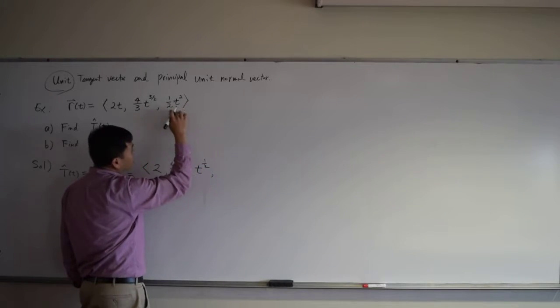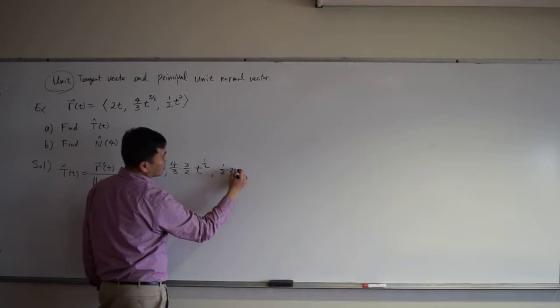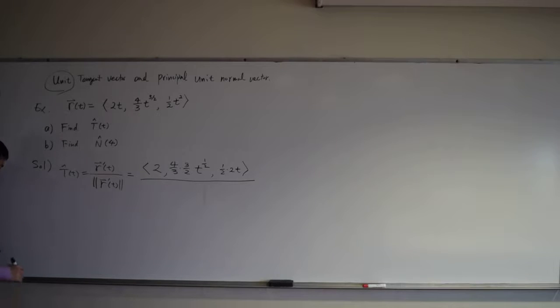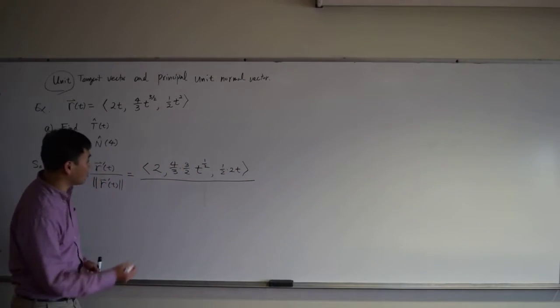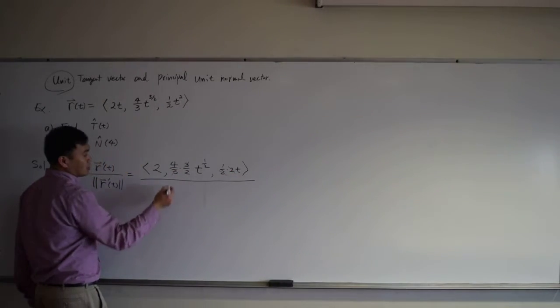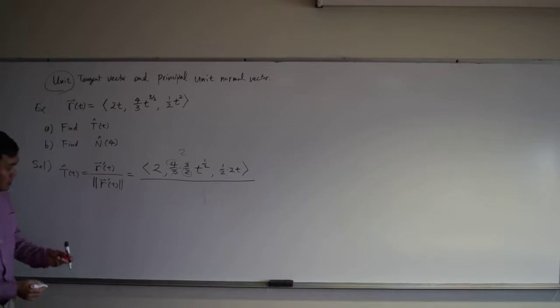And then 2 comes down, so it's 1/2 times 2t. That's what you get. And you can see that some of these cancel. 3 and 3 cancel here. 2 and 2 cancel. And 4/2 is just 2, right? So that's what you get if you simplify.